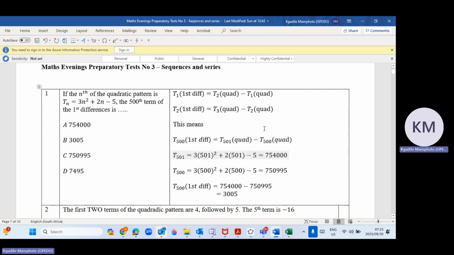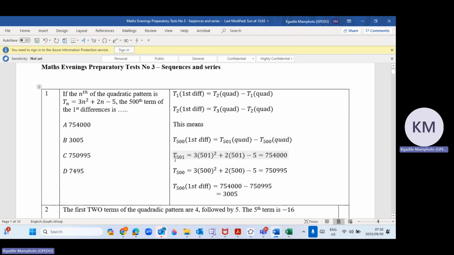So it means the pattern will continue the same way. If you are required to determine the 500th term of the first differences, then this will be the 501st term of the quadratic minus the 500th term of the quadratic.